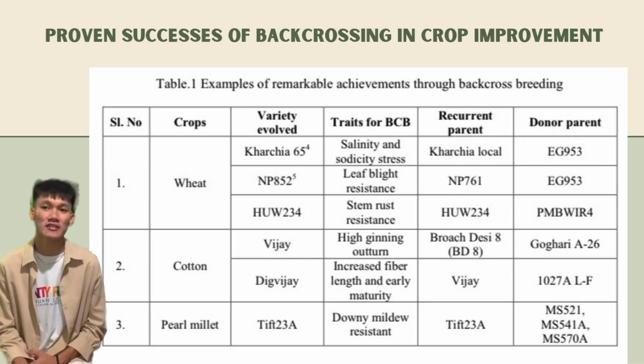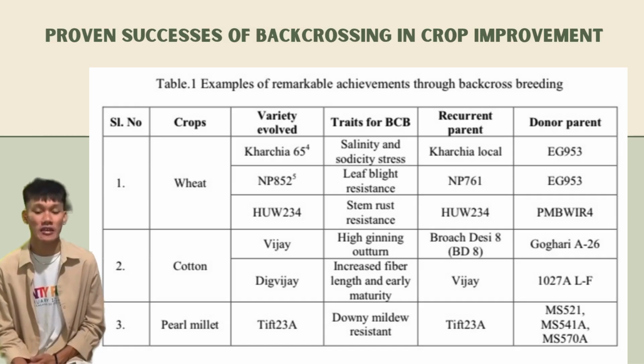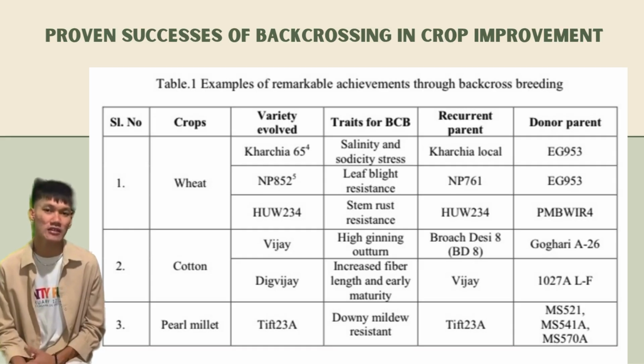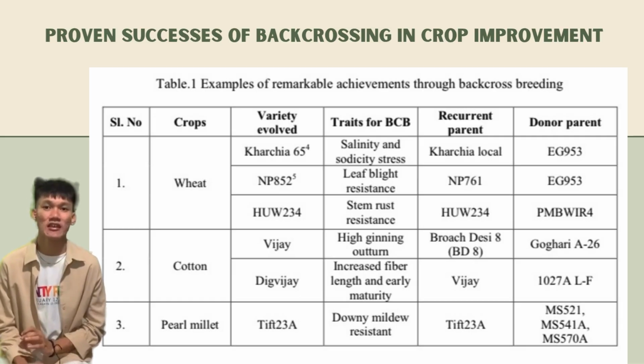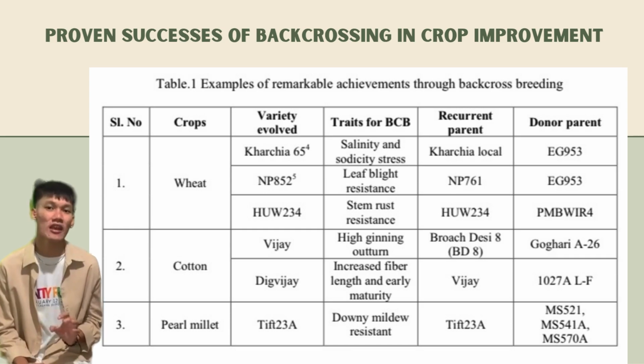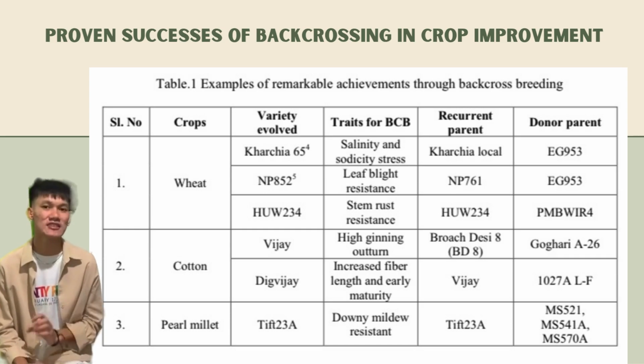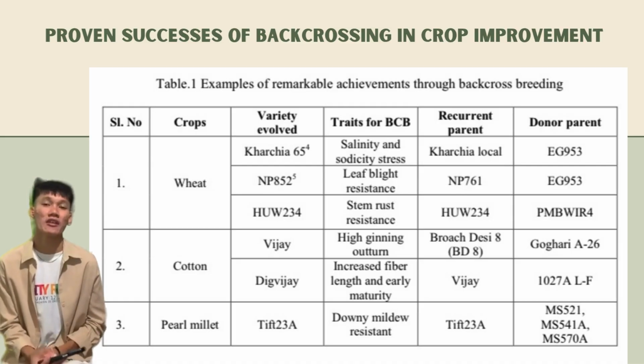The donor parent is EG 953. The traits for BCB that come from the donor parent are salinity and sodicity stress tolerance, and the recurrent parent is Kharchia local.